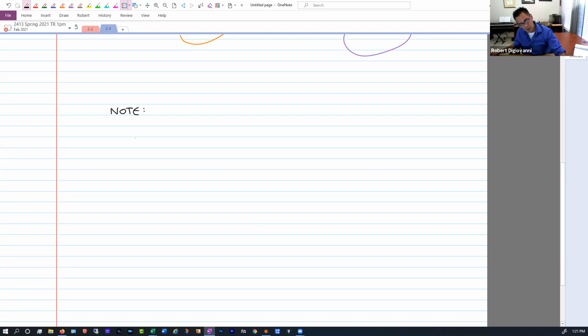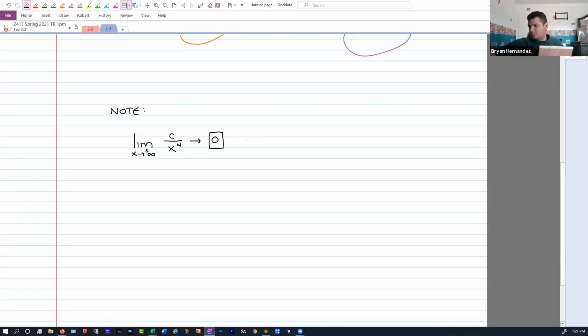Okay, everyone. Anytime you have a limit as x goes to infinity, whether it be plus or minus, it doesn't matter if it's positive or negative infinity, and what you have is a constant, which I'm going to call c, over x to the power n, this limit will always go to 0, as long as n is greater than 0.